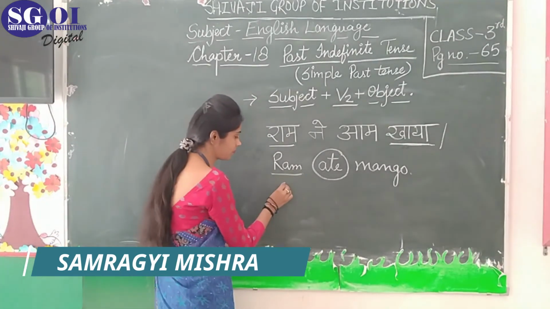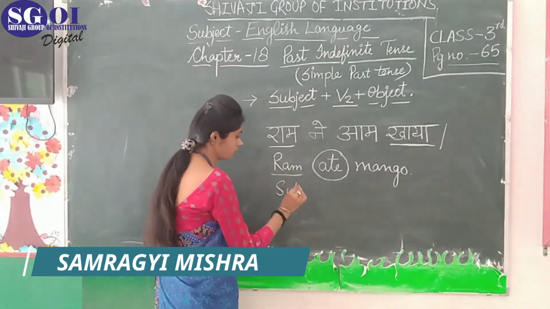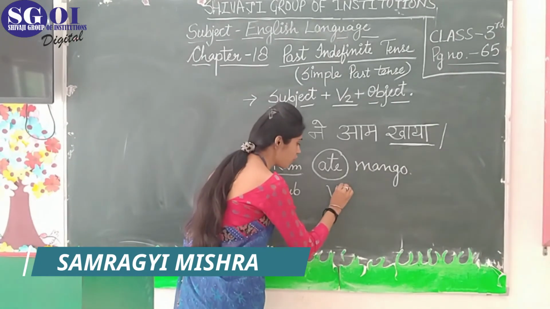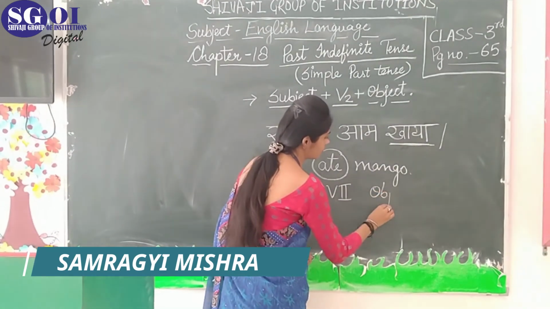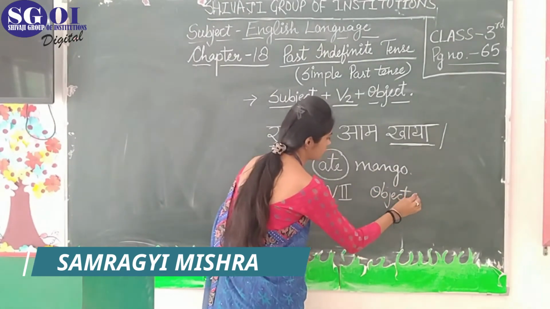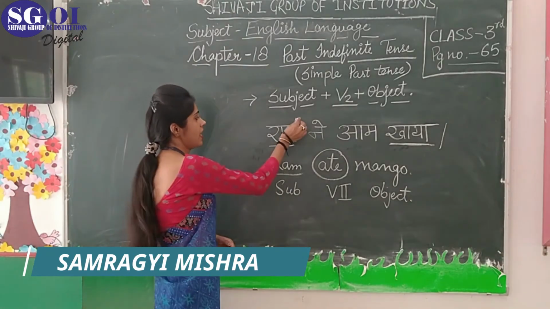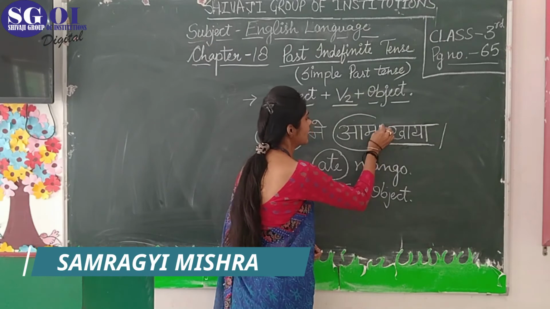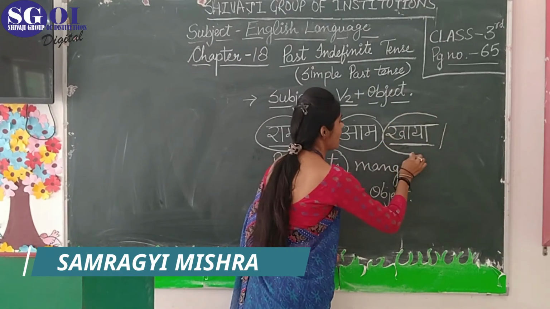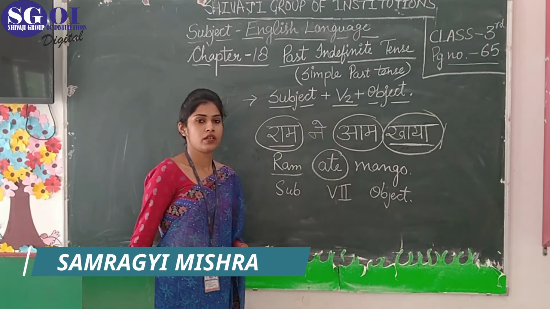So subject, verb in second form, and then object. Okay, Ram is subject, mango is object, and ate is verb.